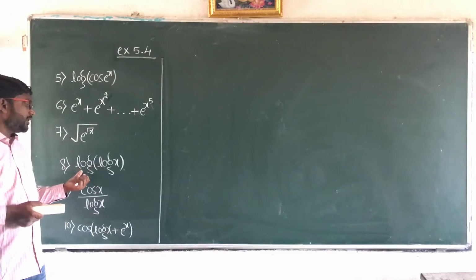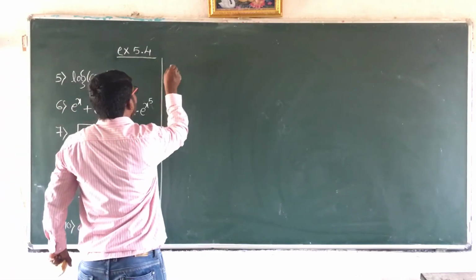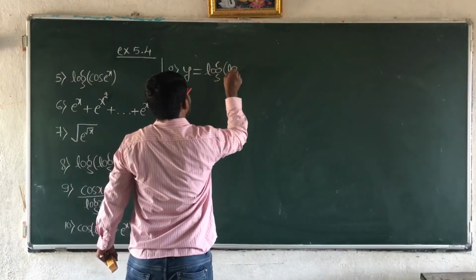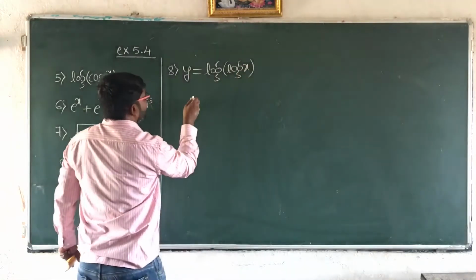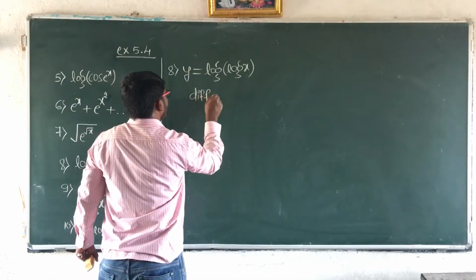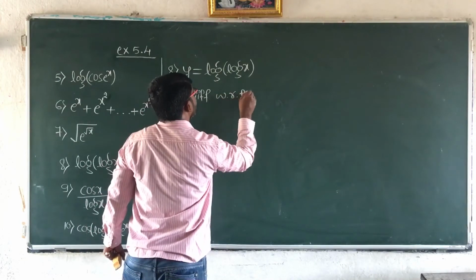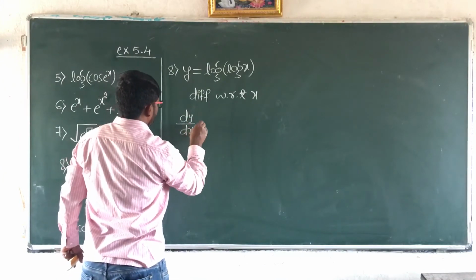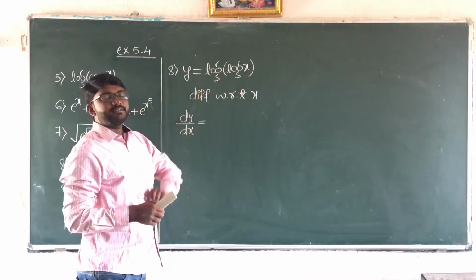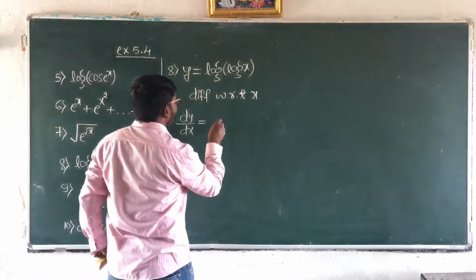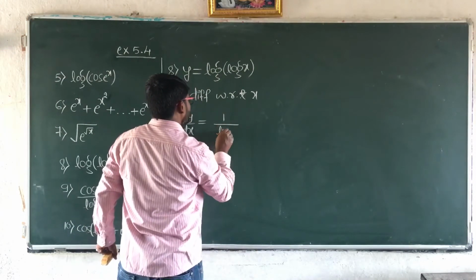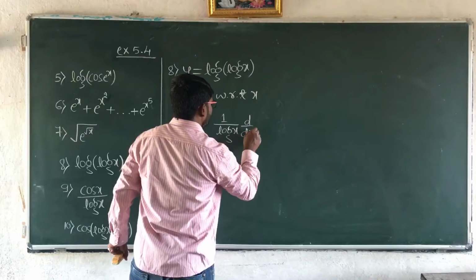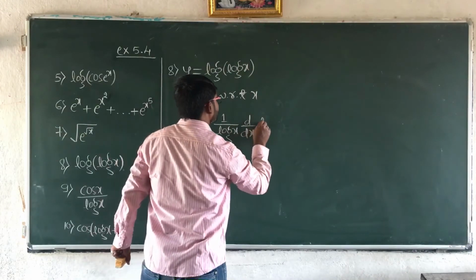Next problem, y is equal to log of log x. Differentiate with respect to x. So see here, dy by dx is equal to, it is in the form of log x. Derivative of log x is 1 by x. So we get 1 divided by log x into d by dx of the inside function, which is log x.